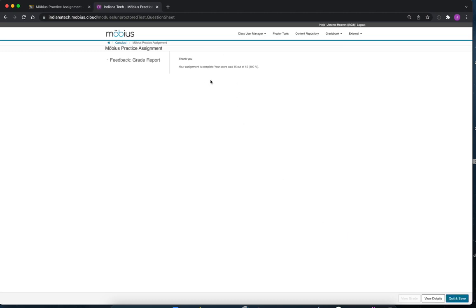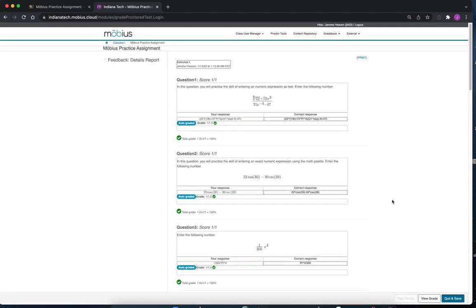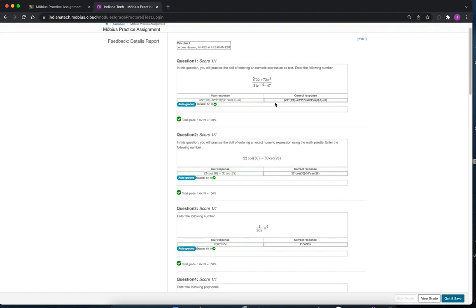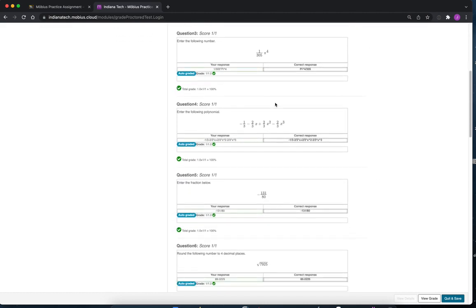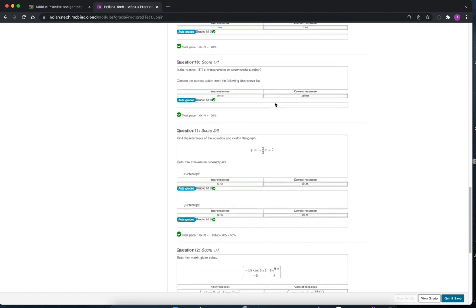And that's good. But it turns out that if you wanted to see everything, like if you wanted to see all the questions that you've answered, what you entered, and then what the correct answers are, then you can hit this view details button. Hit view details and it prints everything. So this was what we just worked through, right? Different types of questions, different methods of entry.